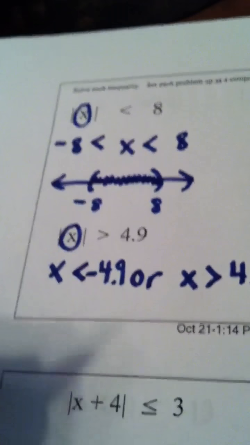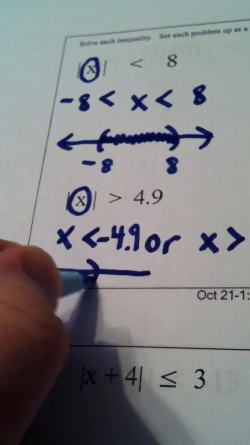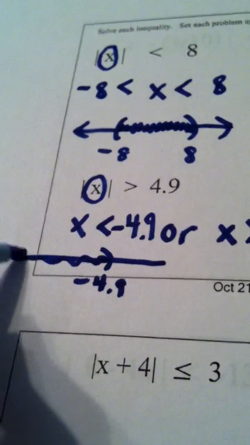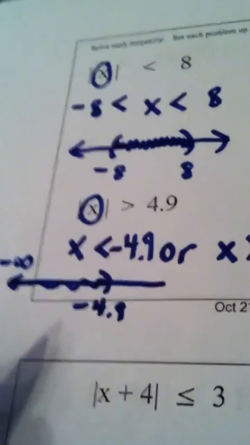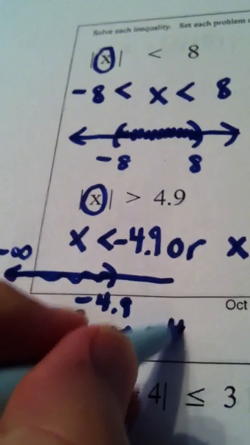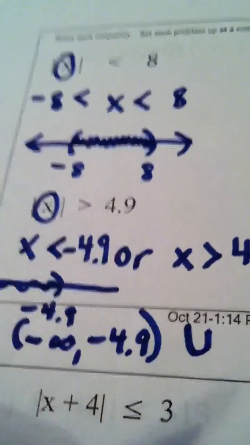Okay? And now if I graph this, this would be -4.9, and I'd be going to -infinity, so I would write that as -infinity, comma, -4.9, paren, or becomes union in interval notation.